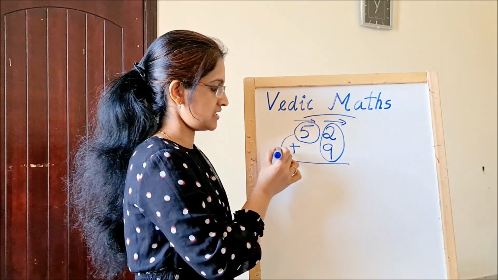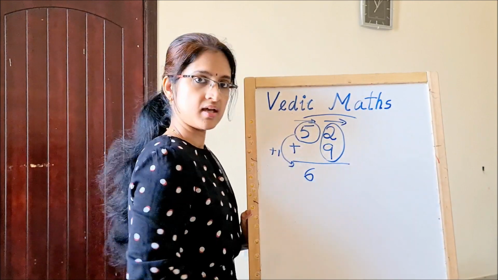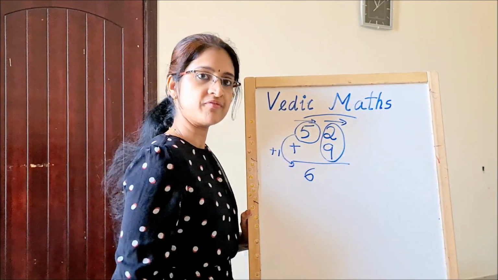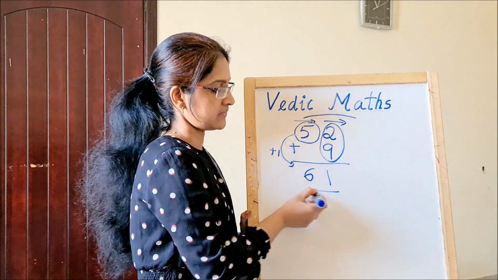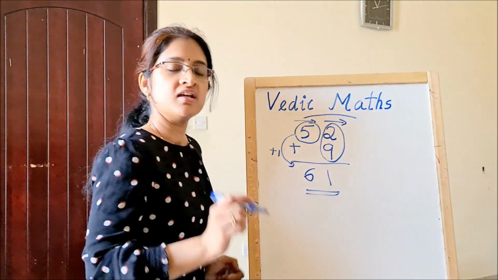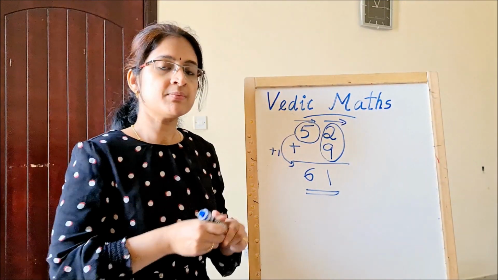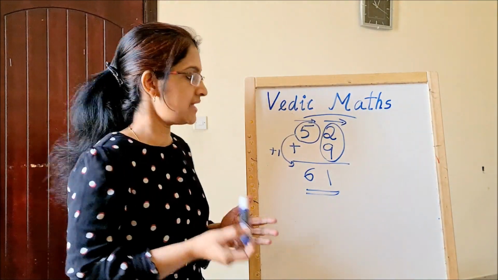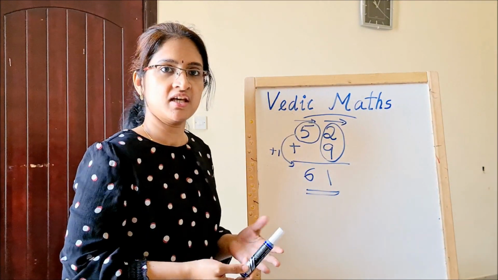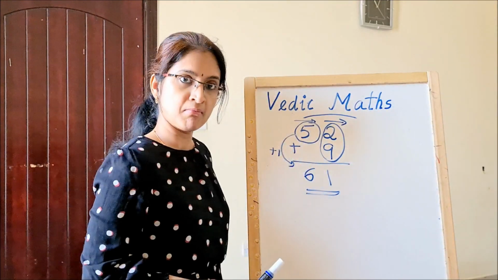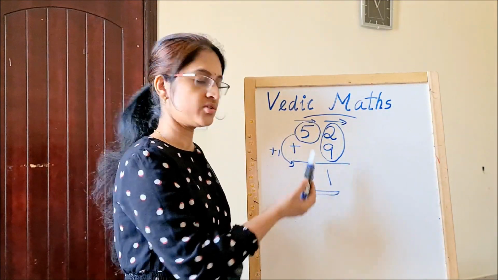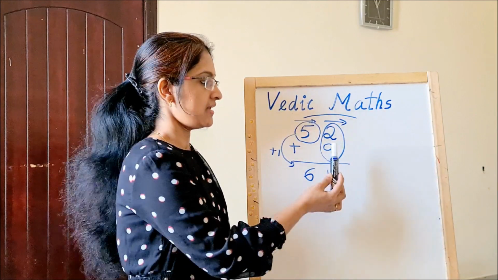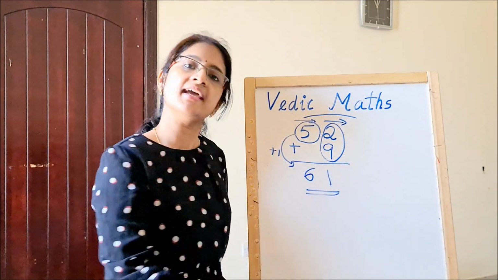So you get 6. And then 9 plus 2, from the n number concept, is 1. So it is 61. As you can see, with practice, if you are able to memorize the n numbers, then this becomes very easy. You just have to take the first number in mind, and if it's a carry combination, just add 1 to it, and then write the n number of the next addition pair.